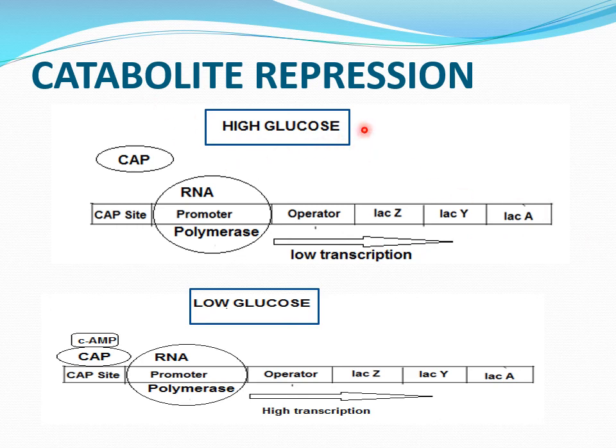The catabolite is the glucose, because lactose breaks down into glucose and galactose. So here we have dealt with the two basic mechanisms of gene regulation in prokaryotes. One is the regulation of the Lac Operon, that is the inducible operon, and the other is the catabolite repression mechanism.